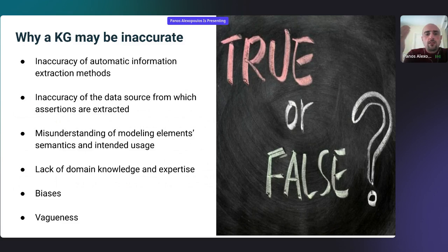If you are reading the assertions of the knowledge graph from articles, and these articles happen to contain misinformation and wrong statements, then these wrong statements will also appear in the knowledge graph. A third reason is when we misunderstand modeling elements, their semantics and intended usage.